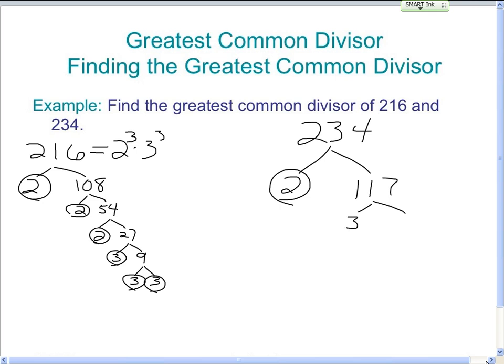See if 3 goes in evenly. And 3 goes in there 39 times. And 39 is 3 times 13. So we have the prime factorization of 234, which is 2 times 3 squared times 13.